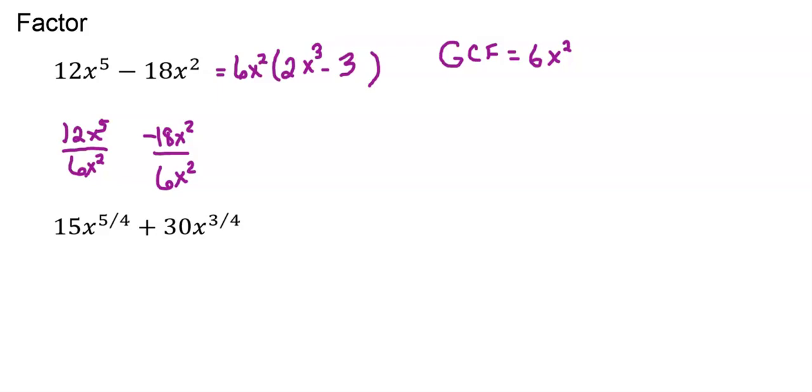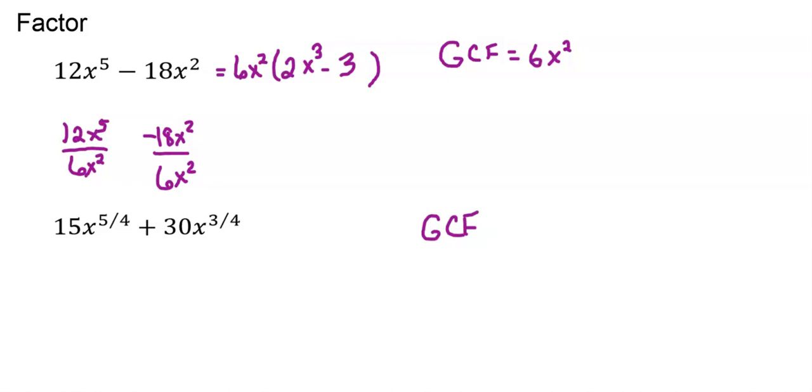Now everything we just did with that expression, we're going to do with the expression that we see with fractional exponents. So for 15x to the 5/4 plus 30x to the 3/4, we'll look for the greatest common factor, meaning what's the largest monomial that divides into both of these.